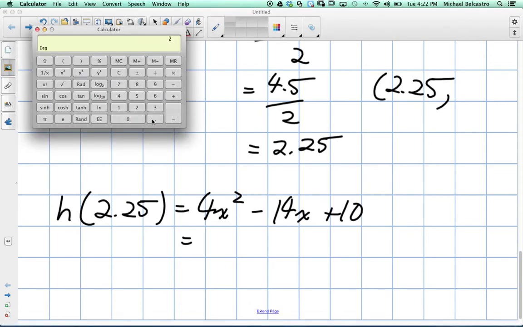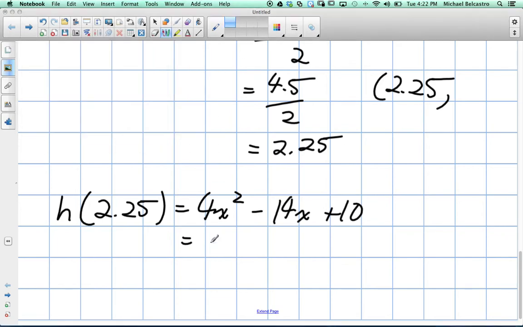So that would be 2.25 squared times 4 equals that value, subtract bracket 14 times 2.25 end bracket, okay, equals, and then plus 10, yeah, makes sense. Okay, negative 1.25, sorry, so yeah, negative 1.25.